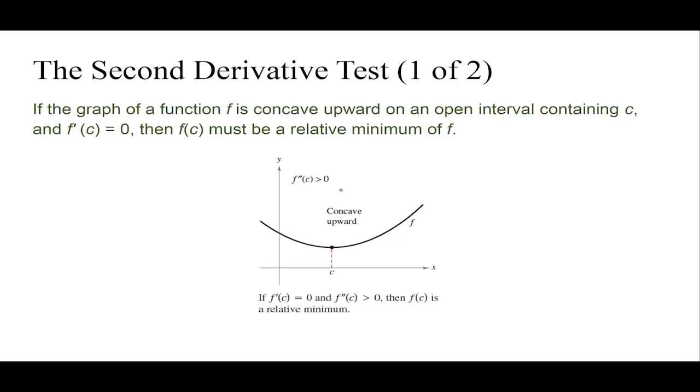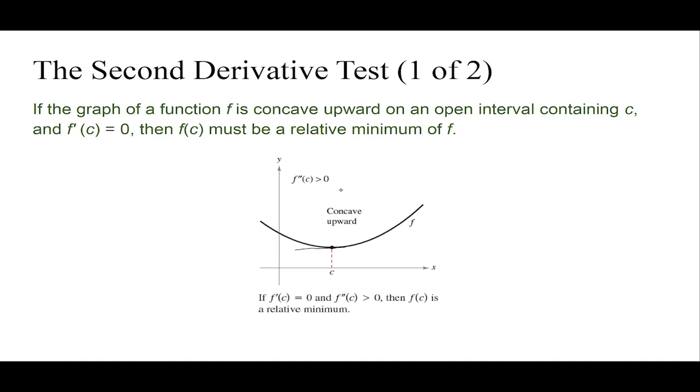The second derivative test. This is a very, very important test. It says if the graph of the function f is concave upward on an open interval containing a point c, and the first derivative at that point is 0, then the value of the function at that point must be a relative minimum of f. Look here: concave upward, and the first derivative at c is 0.